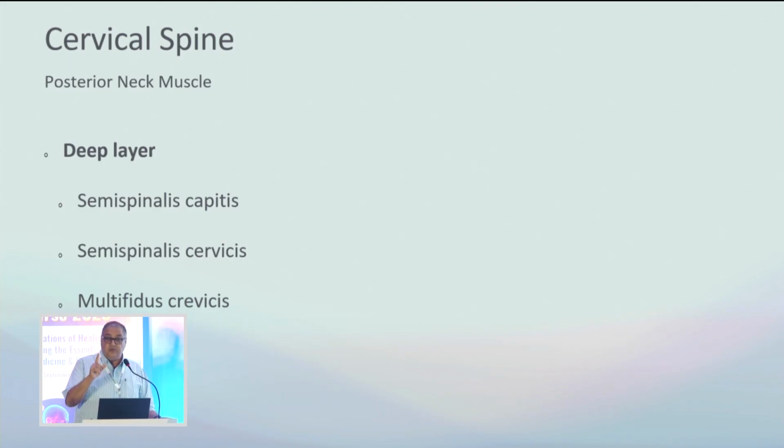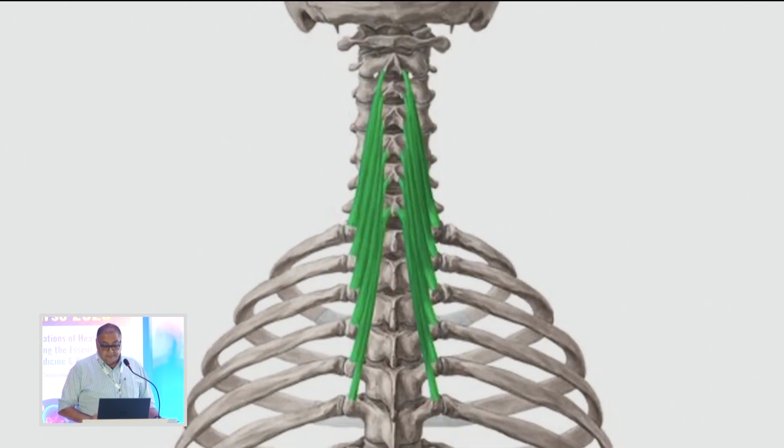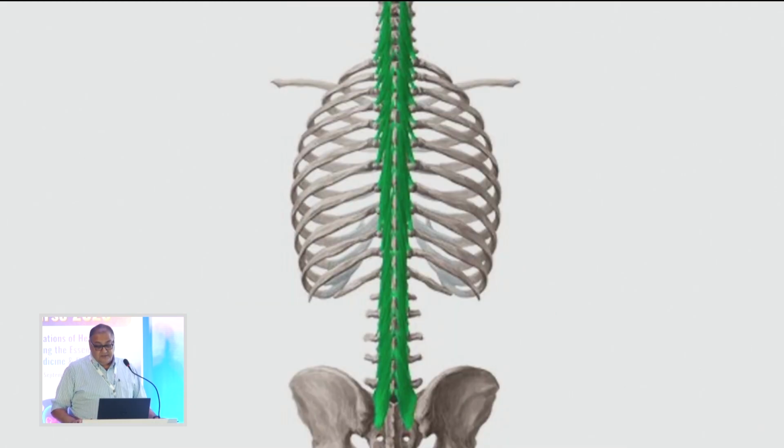Multifidus is the most important muscle and the cause of back pain in more than 45% of the cases. So if you understand it, people will become better without spending a penny on any kind of investigation. It runs through the whole of the spine.